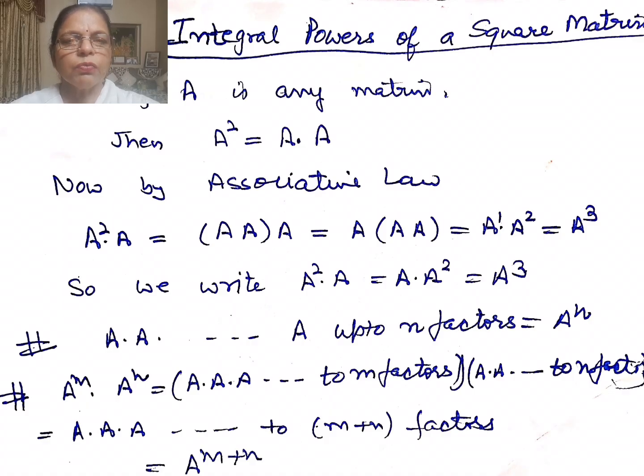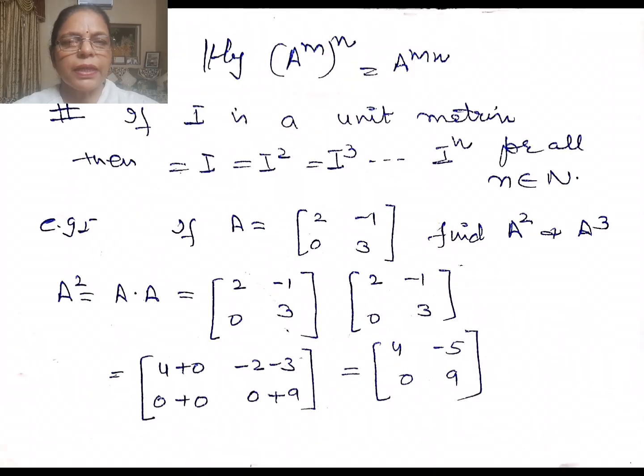Combining these two, we get A into A up to m plus n factors, and that can be written as A raised to power m plus n. Similarly, A raised to power m, raised to power n, is equal to A raised to power mn.